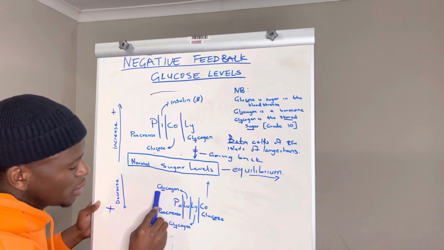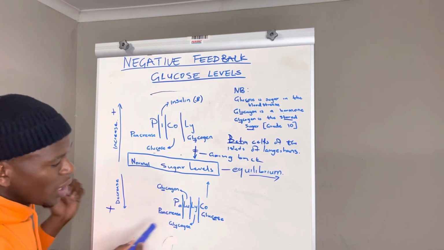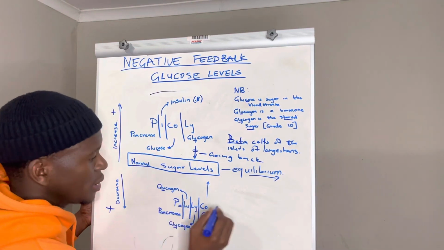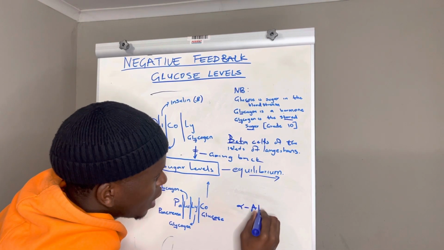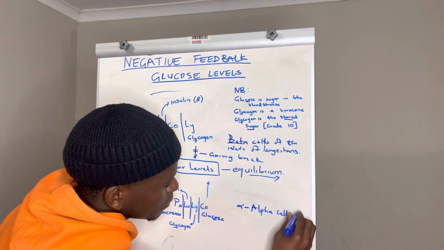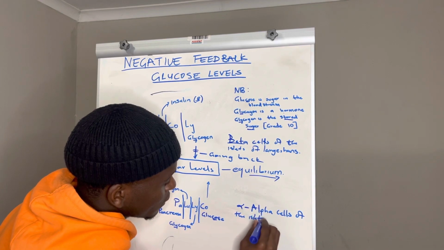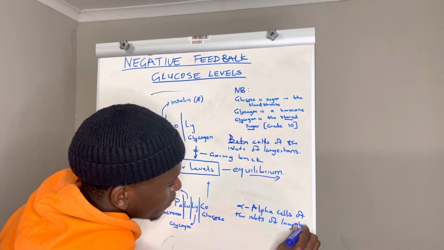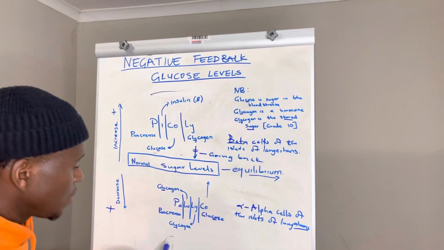This is our glucagon here. Once the glucagon has been secreted, we have the alpha cells of the islets of Langerhans.